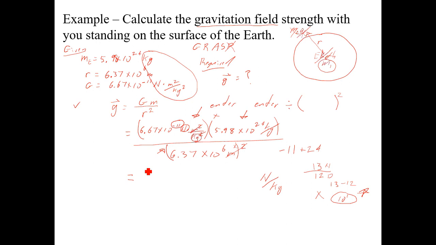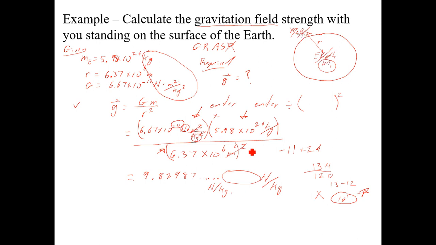So when you do plug all of these numbers into the calculator, this is what you do actually get. You get 9.82987, and then there will be a whole bunch of other numbers as well. And this one here, there isn't an exponent. This is the actual number that we do have. And the units, again, are going to be newtons per kilogram.